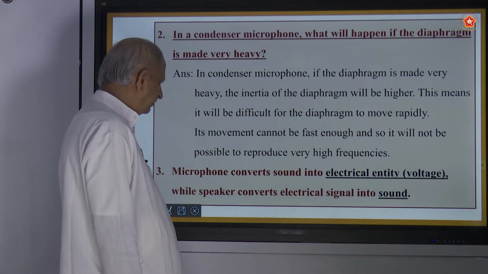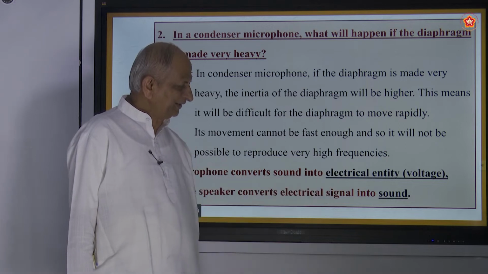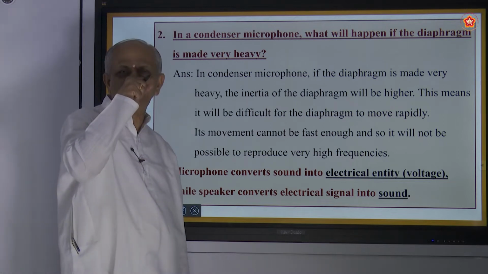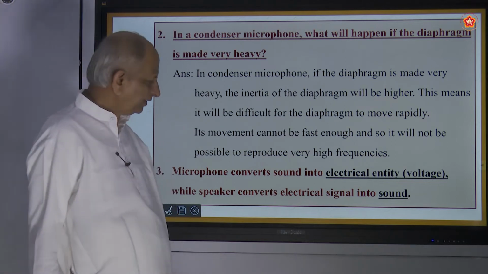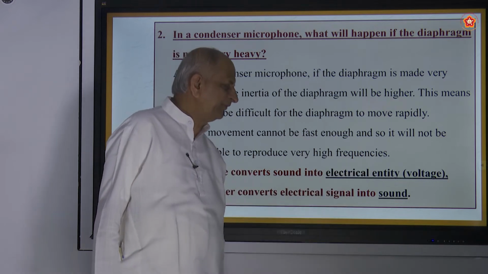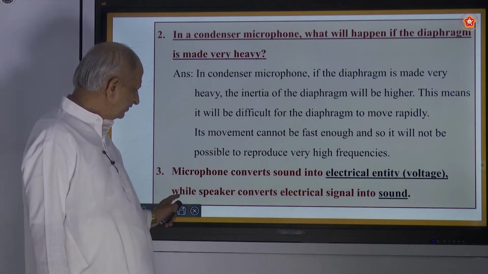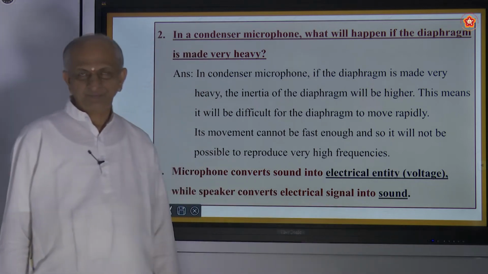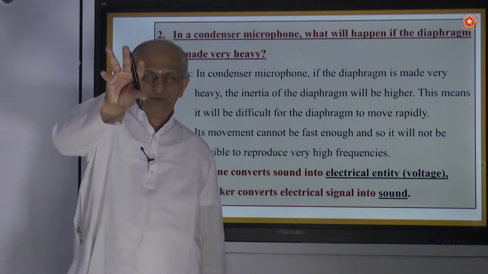Okay, a microphone converts sound into an electrical signal or voltage. So when you speak in front of a mic, that is sound energy, and when it goes out of the mic, it goes in the form of an electrical signal or voltage. While a speaker converts an electric signal into sound. The other day we showed the box type speaker or loudspeaker.